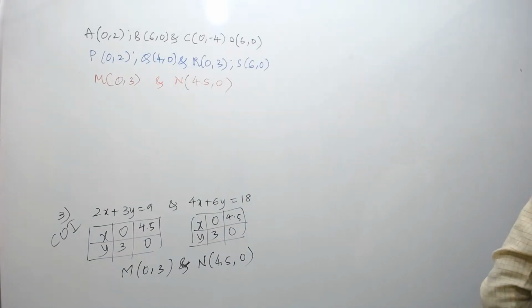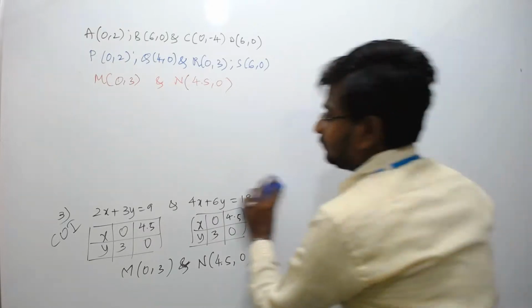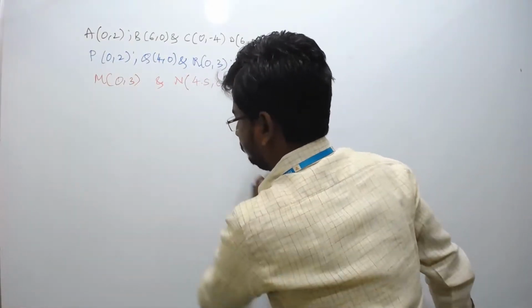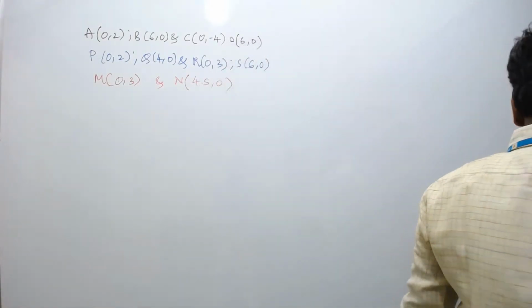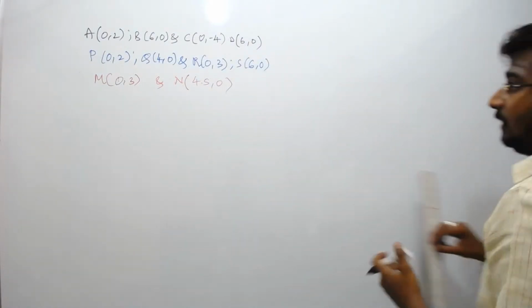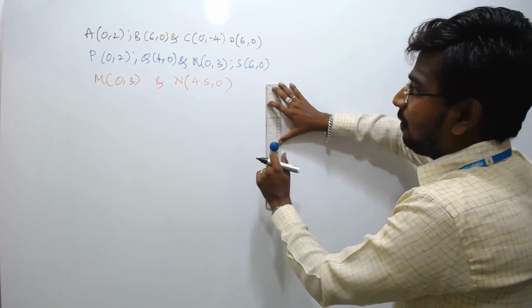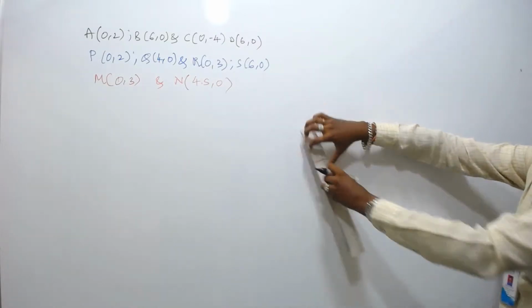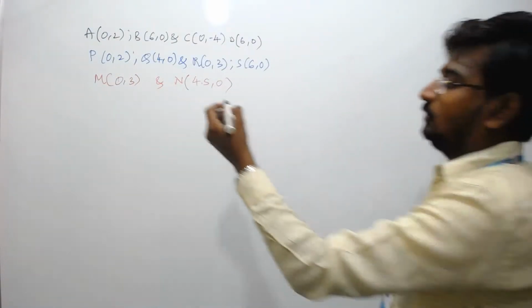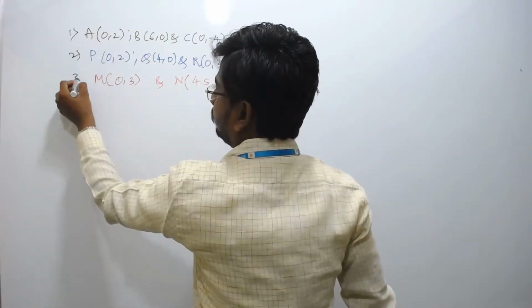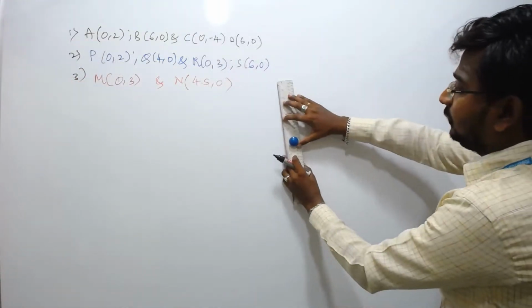So now quickly let me draw the graph. So go for the graphical solution quickly, everyone. So you can write this as 1, 2, 3. So let me go now to the graph.